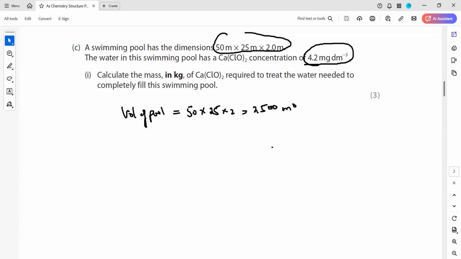Yeah, that is the unit. And what about the density given? As you can see, the density is mass over volume. So if we need the mass, the concentration is also given in milligram per dm cube, so we can find out the mass.